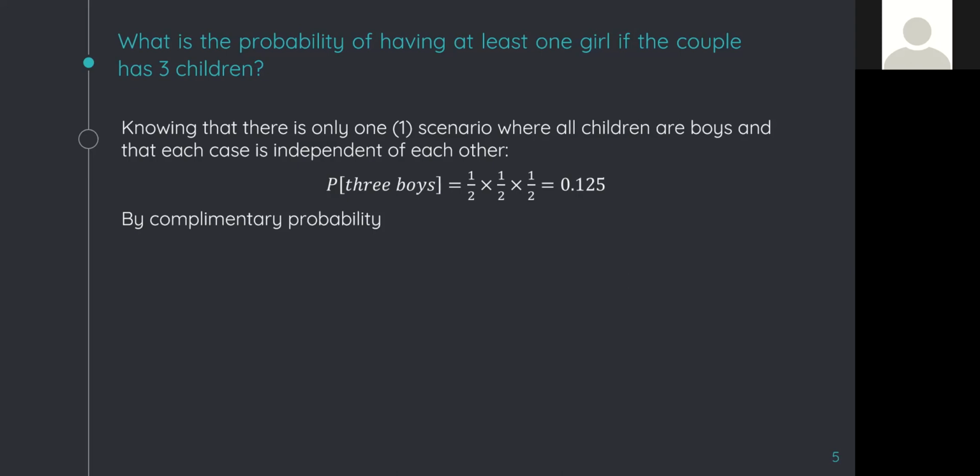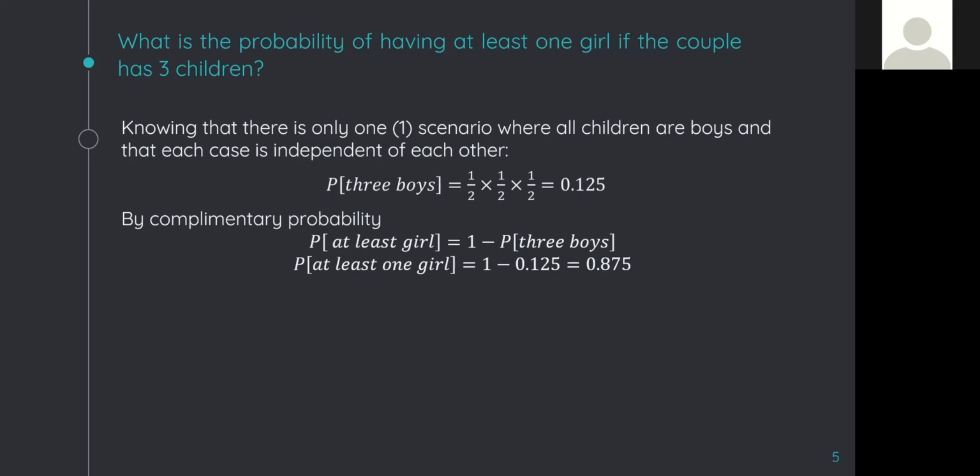And by complementary probability, the probability of at least one girl is 1 minus the probability of three boys, which is 1 minus 0.125, and the answer would be 0.875.